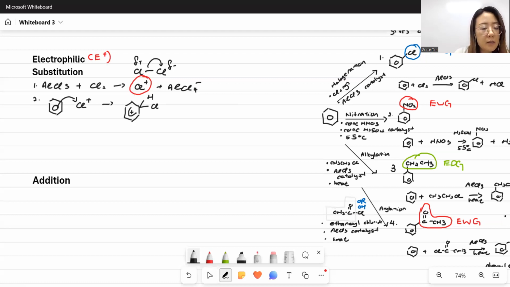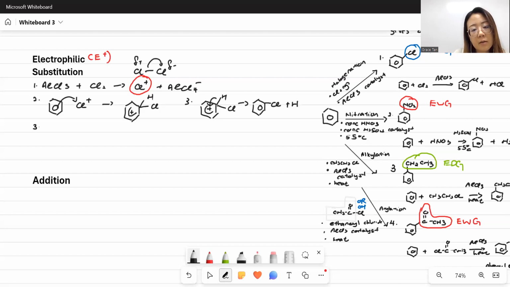Now, step 3 is to reform the ring, or maybe I continue step 3 over here. Step 3, I need to see that you reform the ring by flipping the C-H covalent bond back into the ring, and therefore you will reform the ring with the chlorine now, and H plus is left.